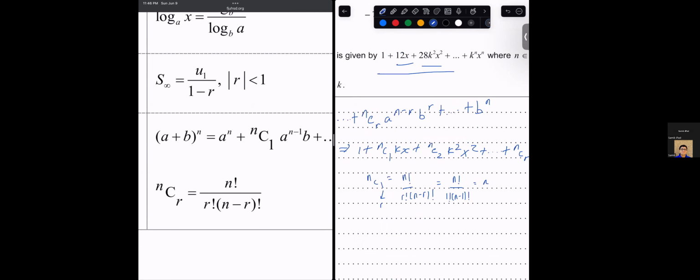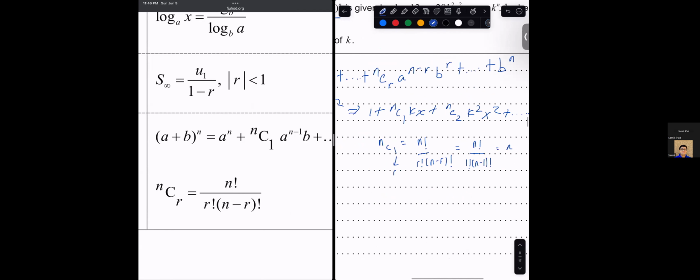What is this eventually going to be? n. If I take an easy example, 3C1, we'll solve this just to show how it equals whatever the n is. 3C1 in our formula is 3 factorial upon 1 factorial times 3 minus 1 factorial.